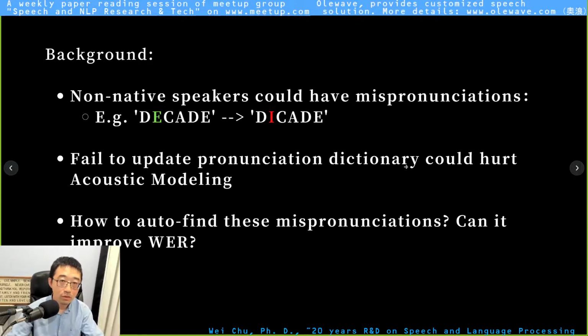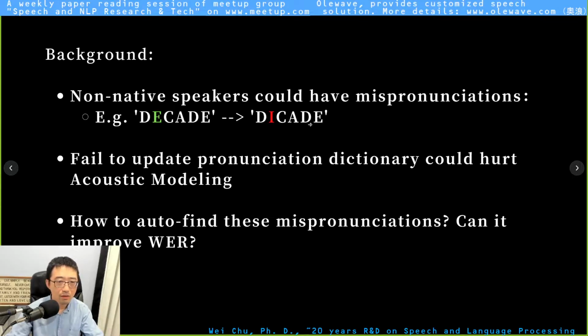Because suppose you're using a hybrid or modular ASR system, the acoustic model, the phonetic dictionary and the language model all have to be correct. So in order to recognize things correctly, if you fail to update this mispronunciation into the dictionary, then you won't be able to recognize the mispronunciations, right?